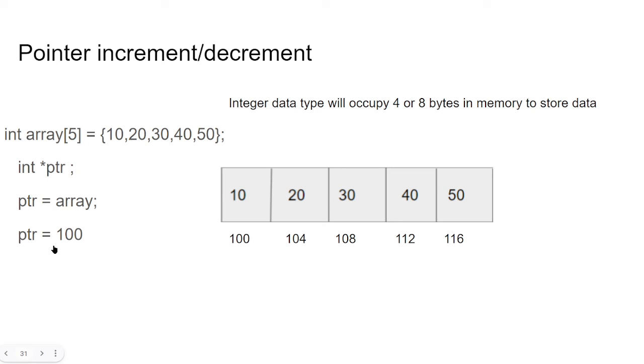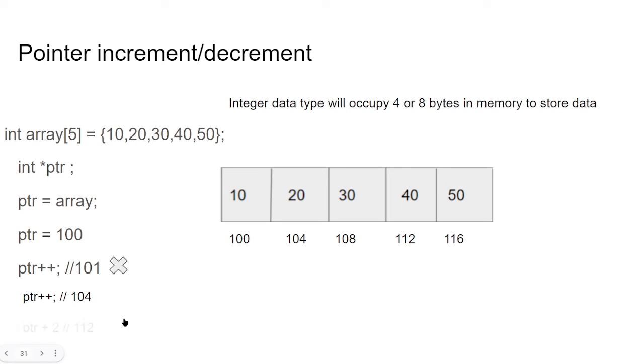So this ptr variable stores the value 100. What will happen if I increment the pointer variable by 1? Naturally we will all say it will become 101. But in the case of a pointer, it does not happen like that. Instead, incrementing by 1, it moves to the next immediate memory location, that is 104.